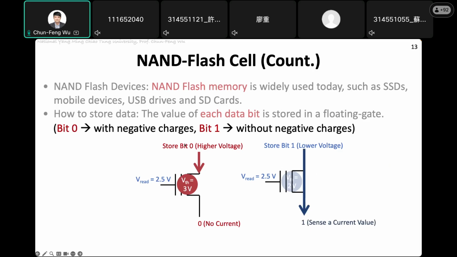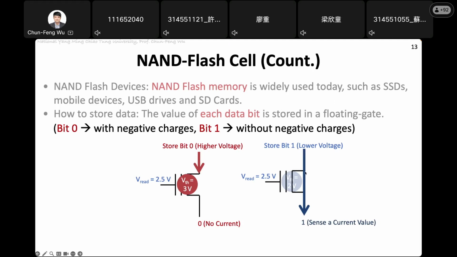So this is the reason why there are two states. If there are electrons inside the floating gate, it is at a high voltage value, so when you read the data, the current cannot pass through. But if there are nearly no electrons inside the floating gate and you use the same voltage value, then current will pass through this NAND flash cell. So if you have sensing circuits at the bottom here, then if there is no current, you will say, hey, this is bit 0.